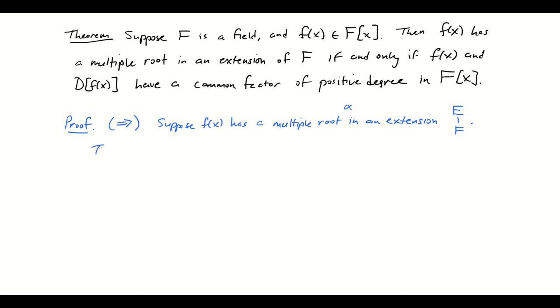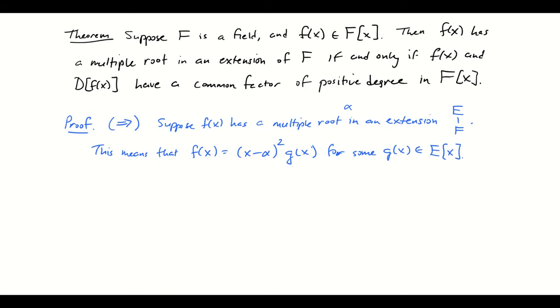That means that f(x) can be factored into (x minus alpha) to some power, I'm going to say squared right now for reasons I'll explain in just a moment, times g(x) for some g(x) belonging to E[x]. Okay, now I may not be able to do this in F[x], but I can certainly do it in the extension field where alpha exists.